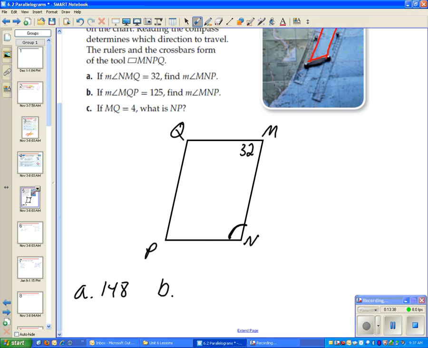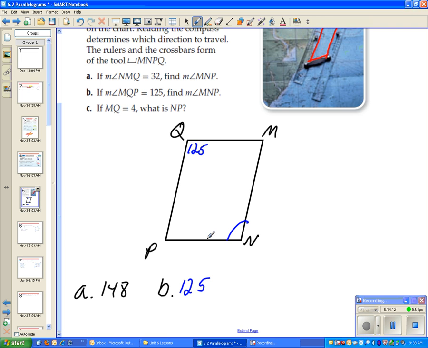For B, if the measure of angle MQP, so angle Q, is 125, find the measure of angle MNP, this one. Well, those are opposite angles. Since that's a parallelogram, what do we know to be true about opposite angles? They're the same measure. They're congruent. So that angle must be 125.